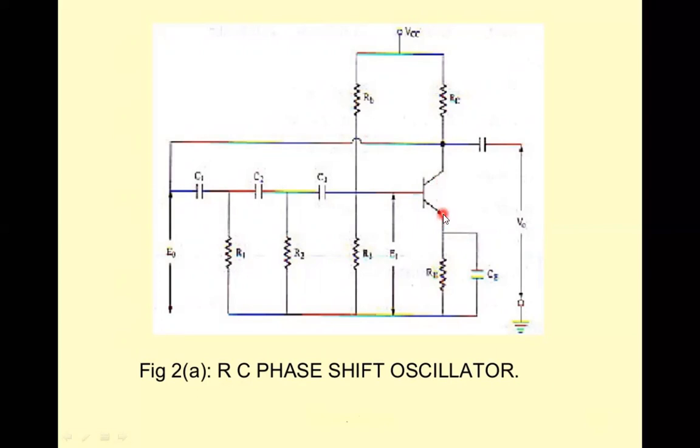We can see that this particular emitter terminal is common to the input section as well as the output section. It means the configuration over here is common emitter, and an NPN transistor is used. When we say the input section is always in forward bias, it means there is a heavy current in the input section. If there is a heavy current, it means the resistance is very low.